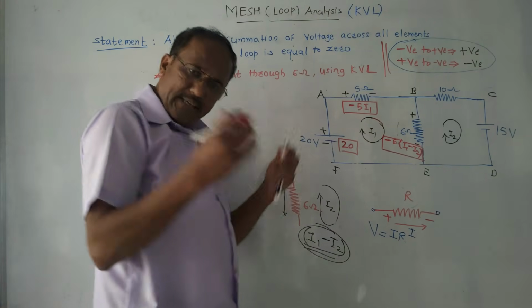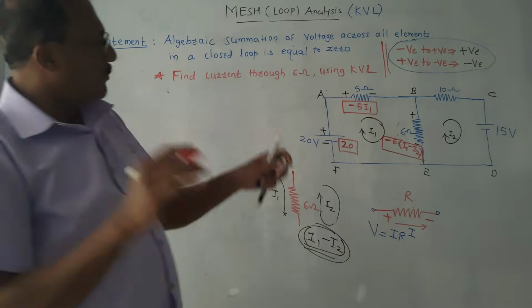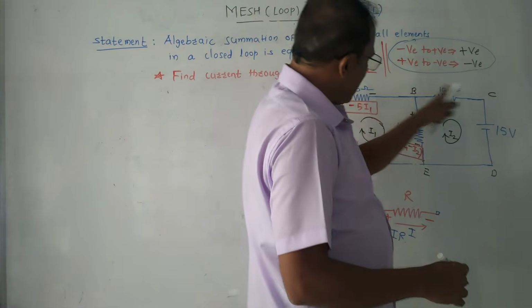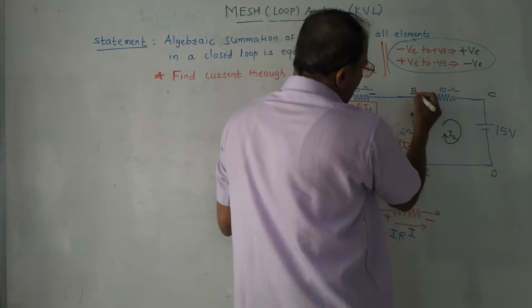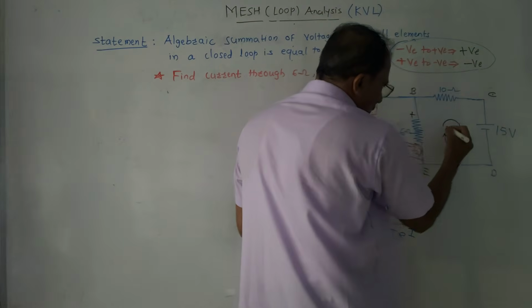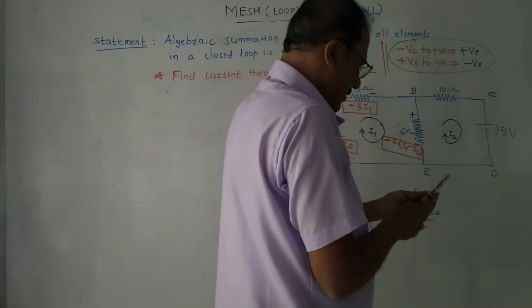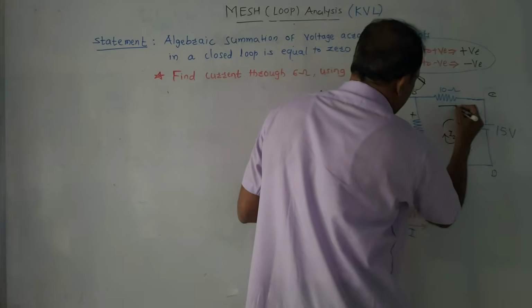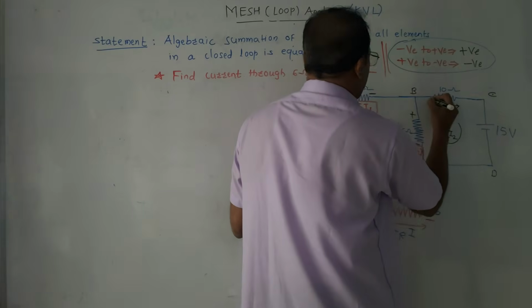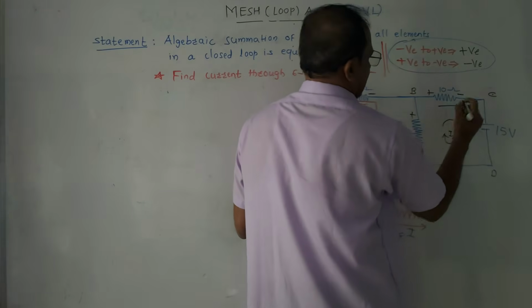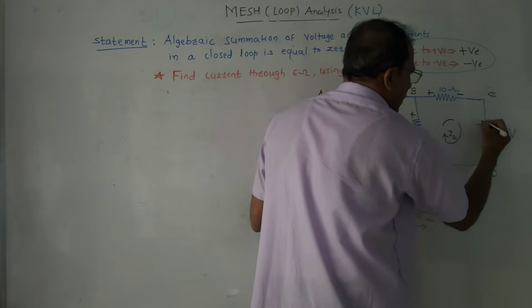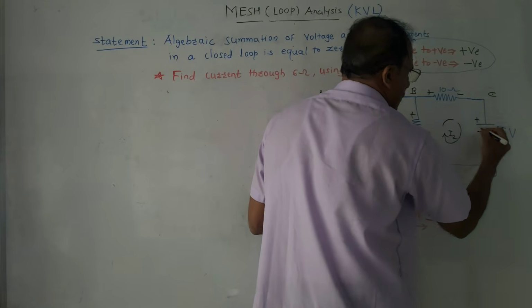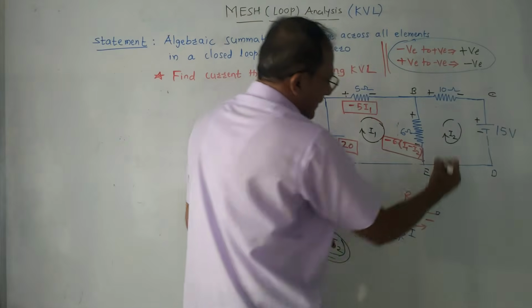Now, the same analogy we will use for loop 2. Loop 2 is B, C, D, E, B. If we are moving from B to C, look at the direction of loop current I2. For B to C, loop current I2 is like this, so I will mark the plus sign and minus sign here. For the 15 volt source, the longer terminal indicates plus, and the shorter terminal indicates minus.